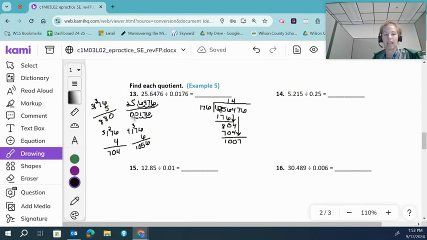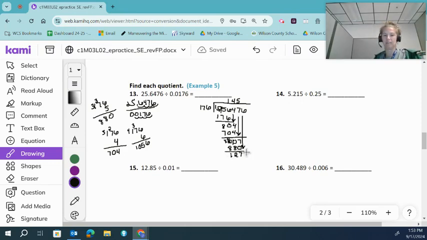Oh, so 880, it actually goes in only 5 times. So we have 880 here. 1007 minus 880, that's going to be 127. 7 minus 0. Then I borrow from here, that becomes a 9, becomes a 10. I get my 2. 9 minus 8 is 1. So I get 127 there.